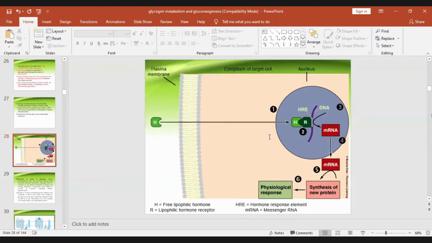This is the action of cortisol, the glucocorticoid response element or hormone response element. The hormone goes through the cytosol and the nuclear membrane and binds to the nuclear receptor protein at the hormone response element on the DNA. Then it increases the transcription of mRNA and then protein synthesis.